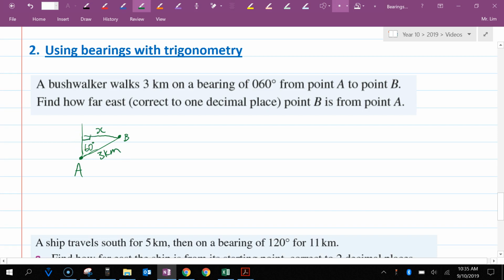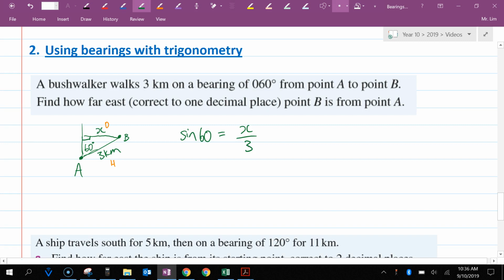And now we can use SOHCAHTOA. Okay, we're going to label the triangle. We've got the hypotenuse, we've got opposite, so we're using sine. Sine of the angle, 60 degrees, is equal to opposite over hypotenuse.